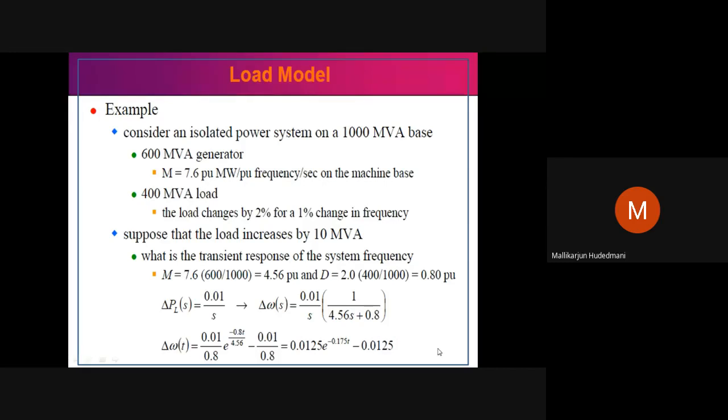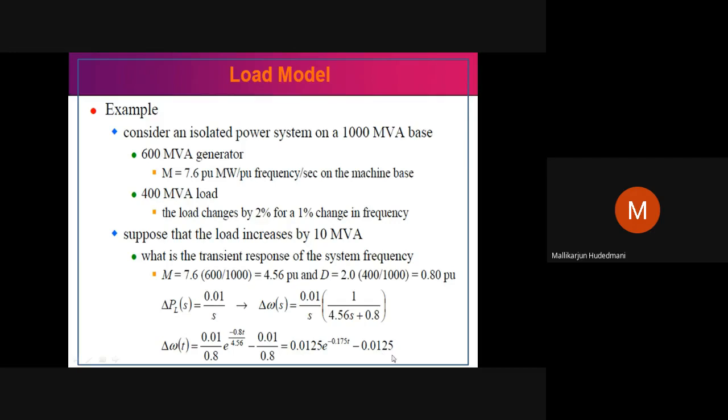At steady state, when t is infinite, the first term goes to 0. The deviation that stands here is minus 0.0125 pu. This is the final steady state deviation, delta omega or delta f.